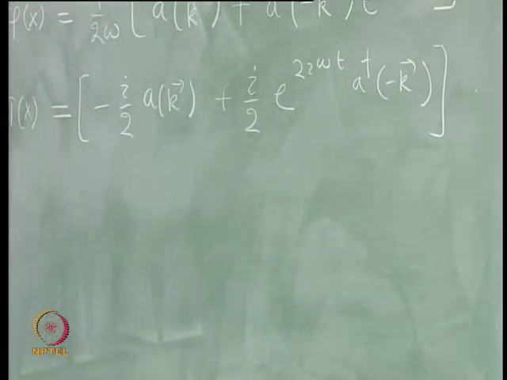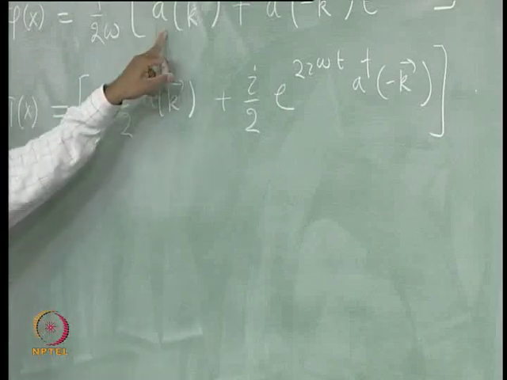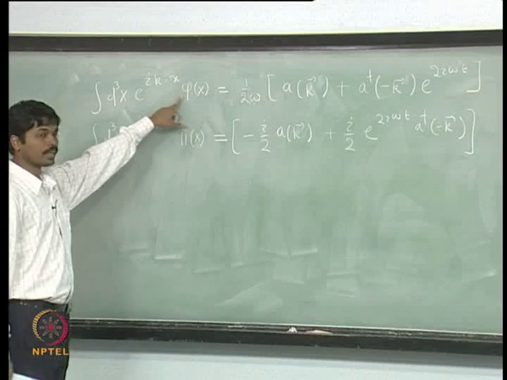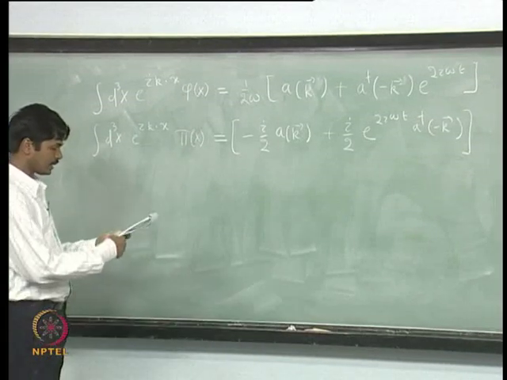Now it is very easy to write A and its Hermitian conjugate A dagger in terms of the fields phi of x and pi of x.